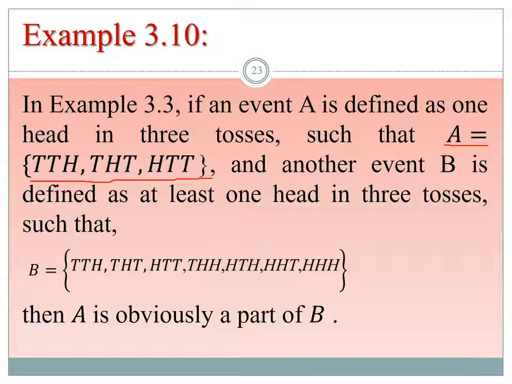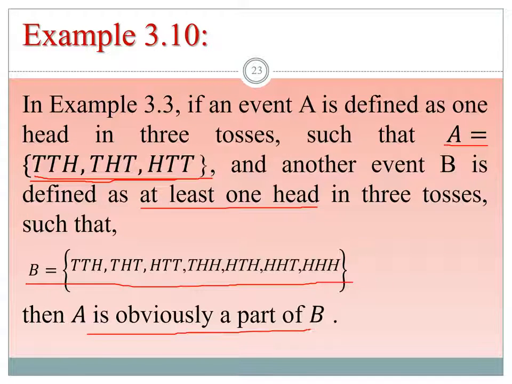Another event B is defined as at least one head. At least one head means exactly one head, or two heads, or all heads. If you write out the event space in B, obviously these 3 outcomes belong to B. So A is obviously a part of B, so A is a subset of B. Okay, so this is a simple example.